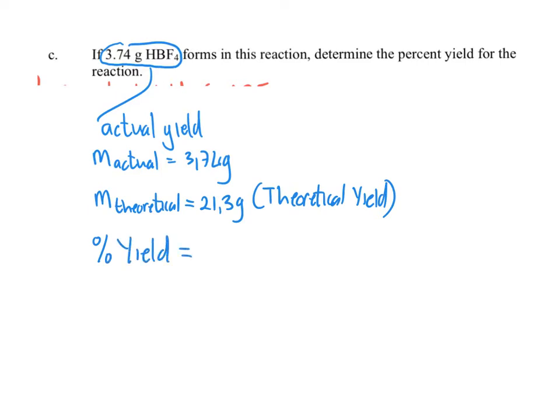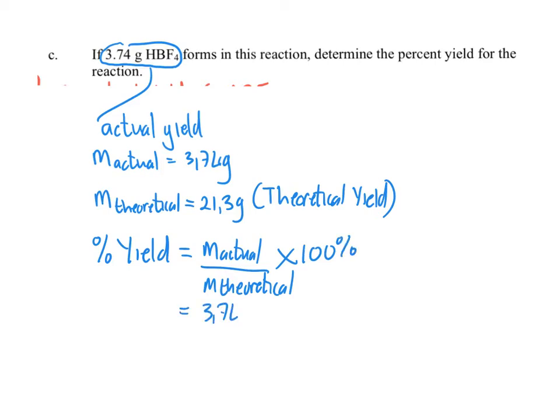So that is mass actual over mass theoretical. And to make it a percentage, we times by 100%.